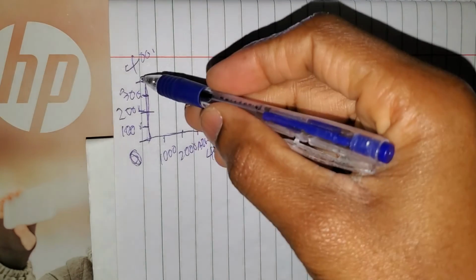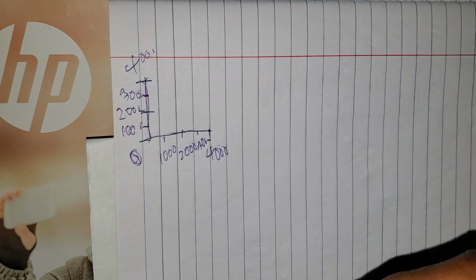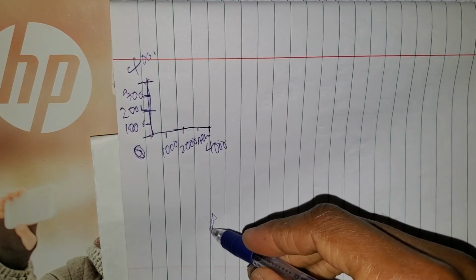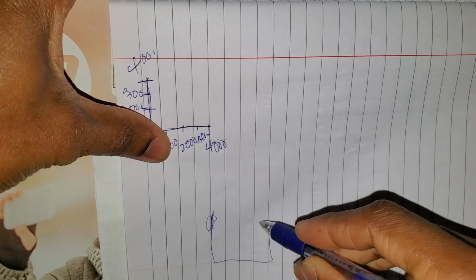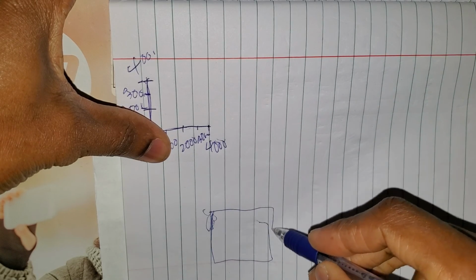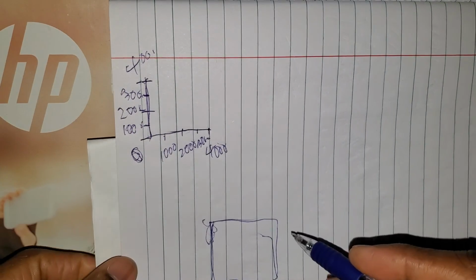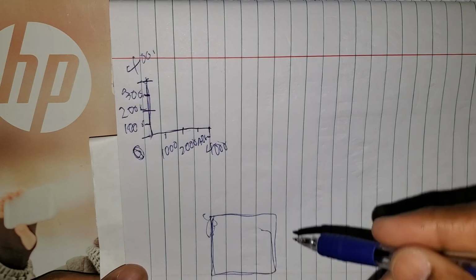So I would use this distance as a guideline to start my sketch. First I would start here, use a box to represent my rectangle. This would represent my room, a bedroom. And this bedroom is about 4,000 by 4,000.